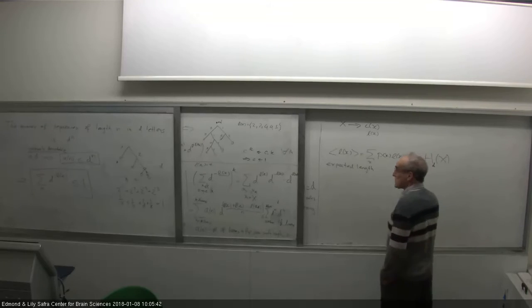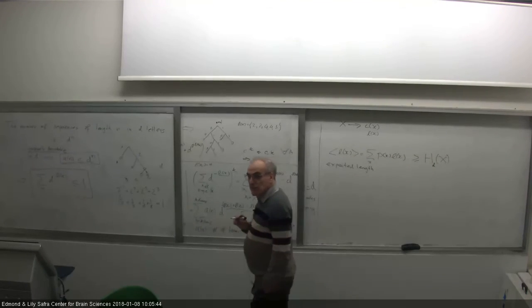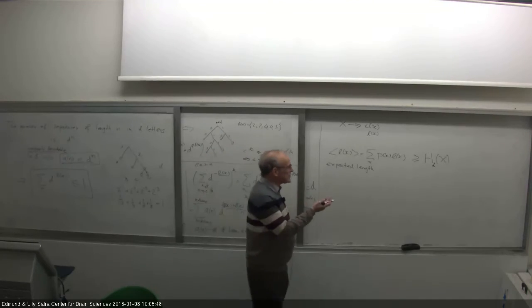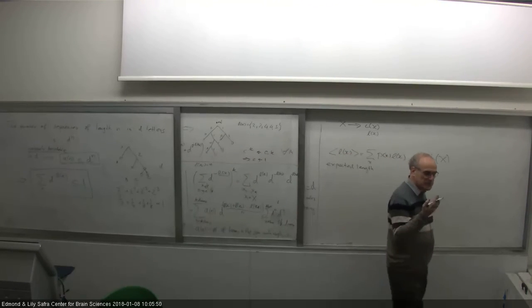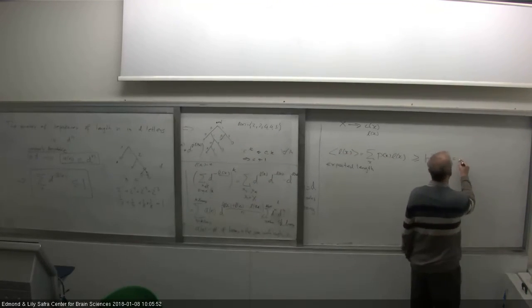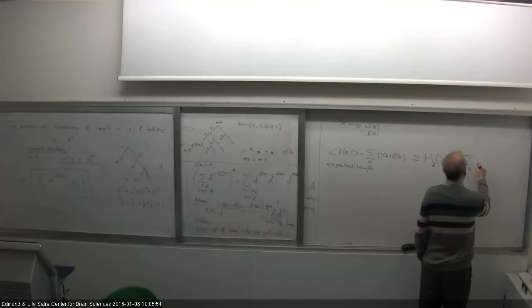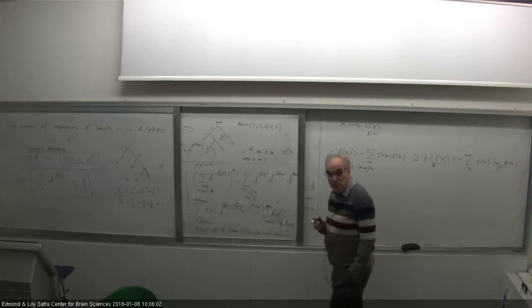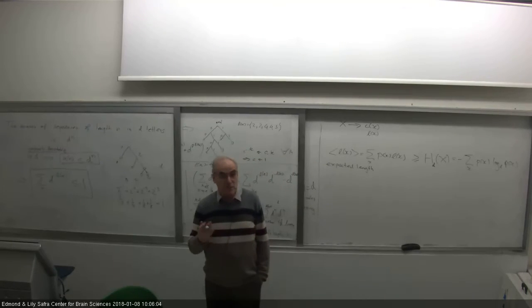I'm going to show you this is bounded by the entropy of the source. This is interesting. The entropy was defined as a property of the statistical distribution, the sum over x of p(x) log_D of p(x), with a minus sign. And I'm saying that this is a bound on the expected length of any code which is uniquely decodable.